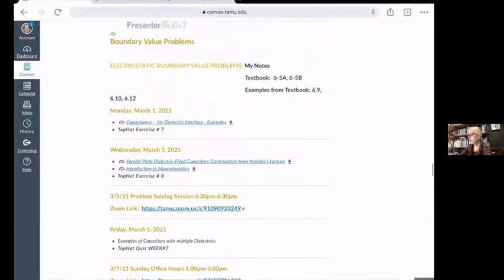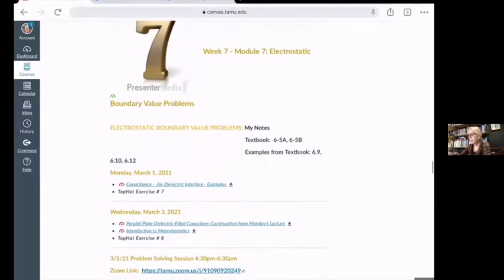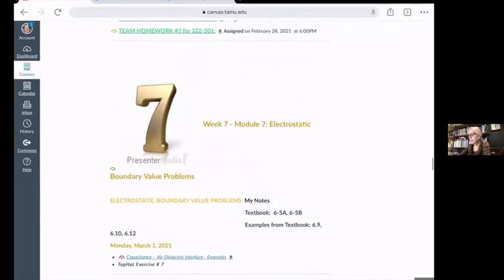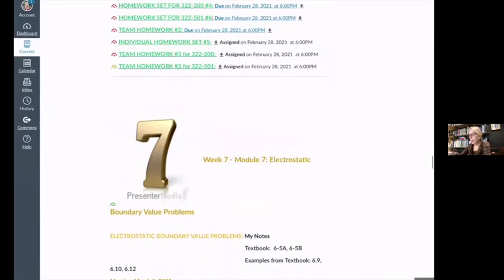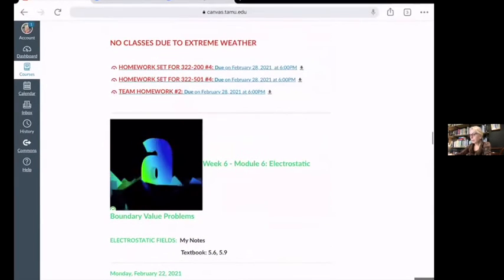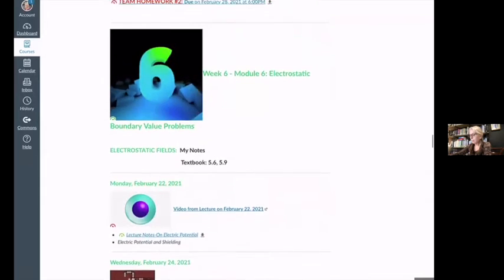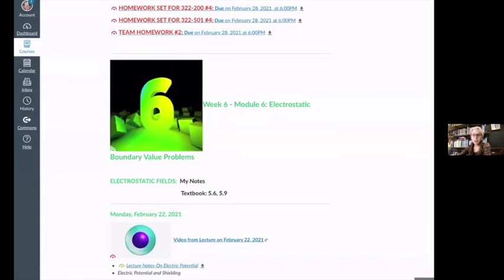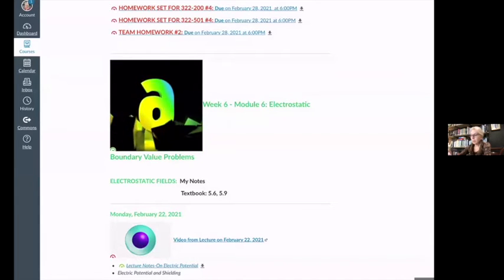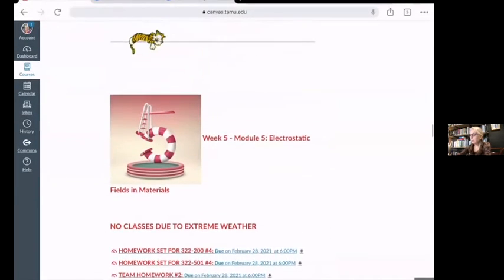The other thing we discussed, because we start jumping from one section to another in the textbook, I went from the beginning of this class. I'm not going to go all the way up, but you will notice, like here, week 6, electrostatic fields, my notes always. And then from the textbook, I have put the specific sections that we have covered from different chapters.